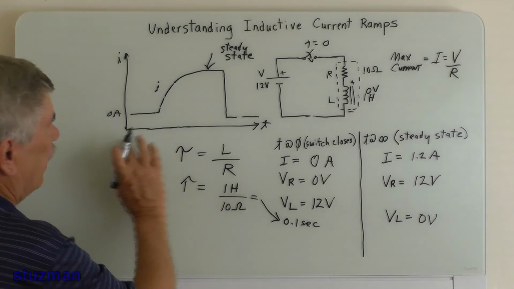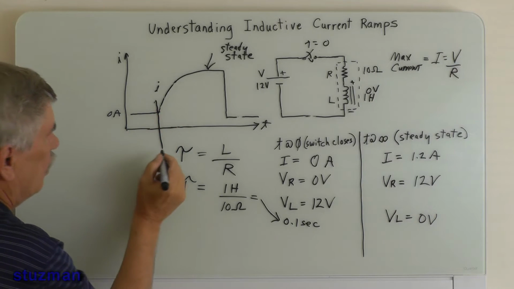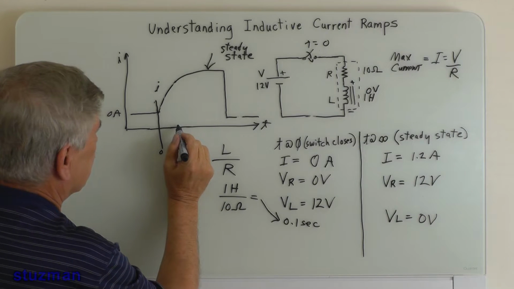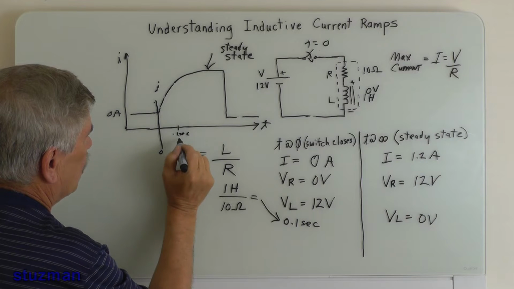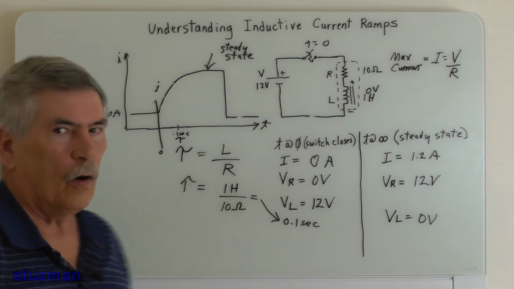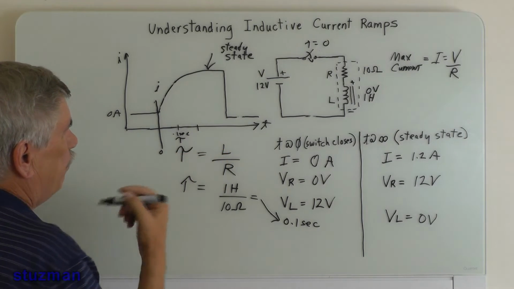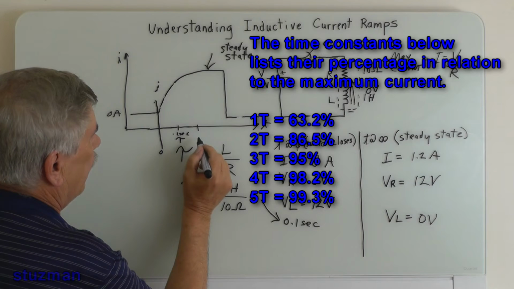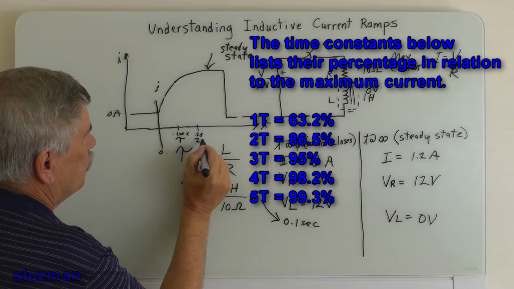So let's look at this down on the timeline. Let's say right there at 0, we're going to start. Now we're going to go over 0.1 seconds. Now that is called tau, or one time constant. And then I could come over 0.2 seconds. I can double that and say times 2, and I will get 0.2 seconds, and that would be 2 tau.